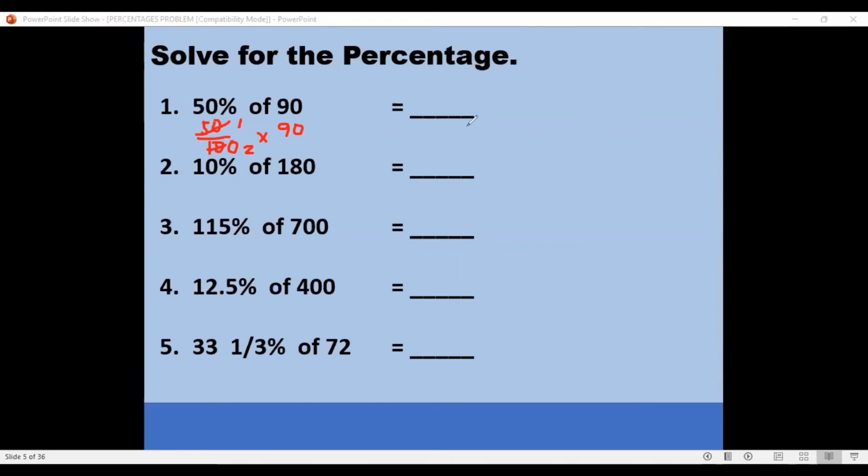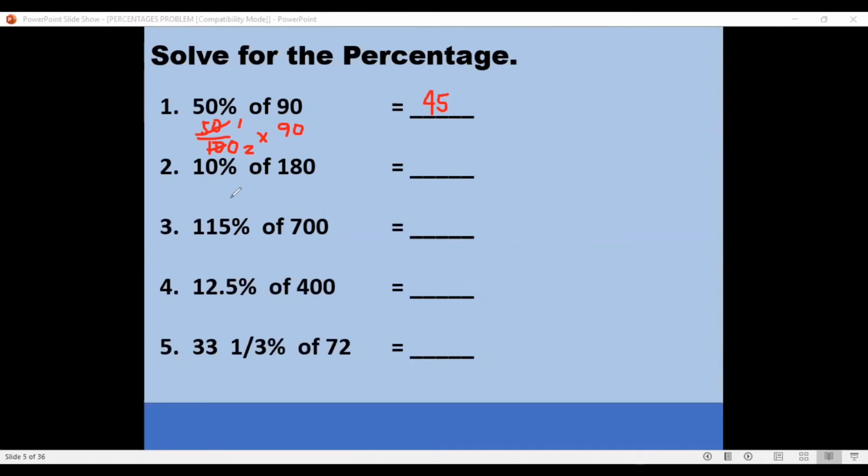Therefore, what is 1/2 of 90? It is as simple as equal to 45. So those are actually percentage problems that you can mentally solve. Now, 10% of 180, how can you simplify or how can you answer the 10% of 180?